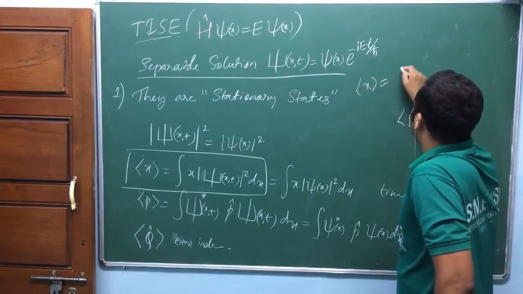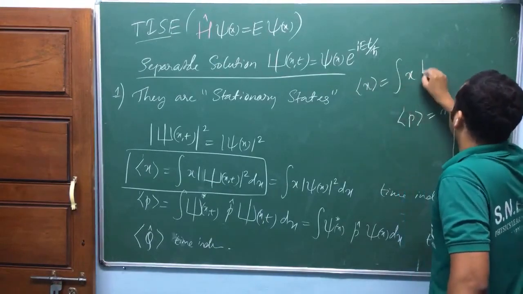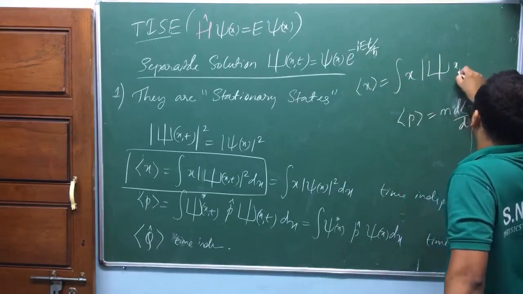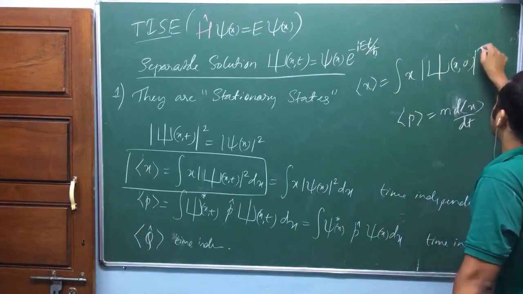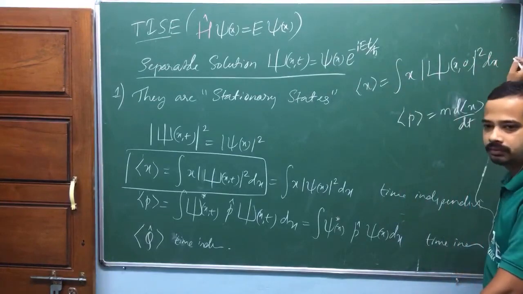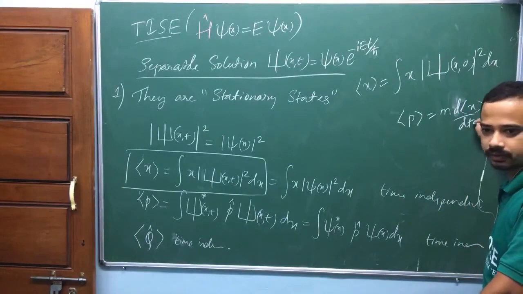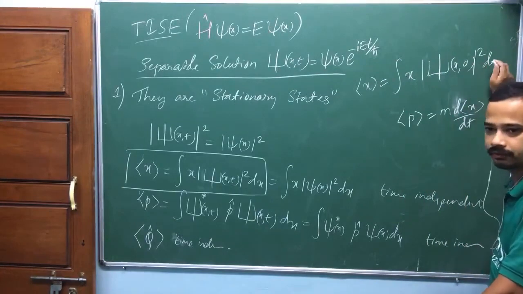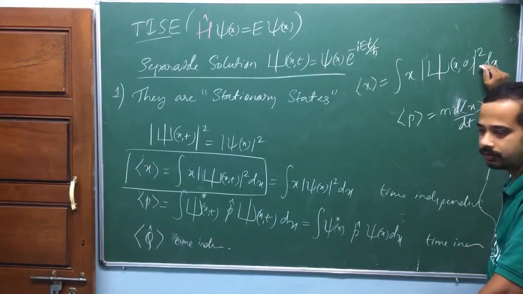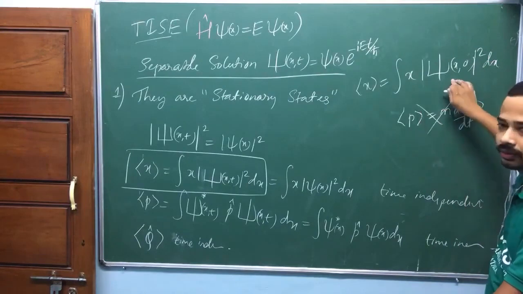Expectation x, if you write like this, in psi you have taken x comma 0 second. How can you take the time derivative of this after putting one particular value of time, isn't it? You can't use this in this situation.